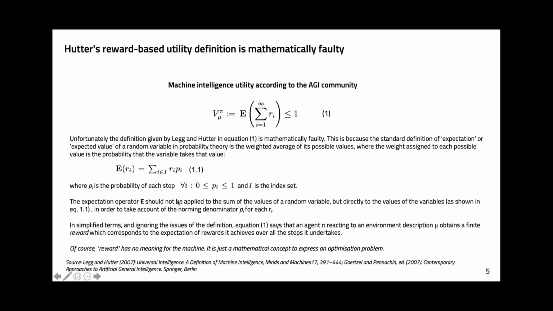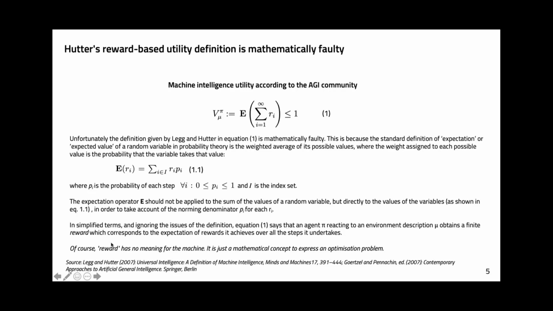So I was kind of astonished. Anyhow, in simplified terms, when we ignore this, equation 1 says that an agent pi reacting to environment description mu obtains a finite reward, which corresponds to the expectation of reward it achieves over all the steps it undertakes. And actually, the higher this is, the better the utility.